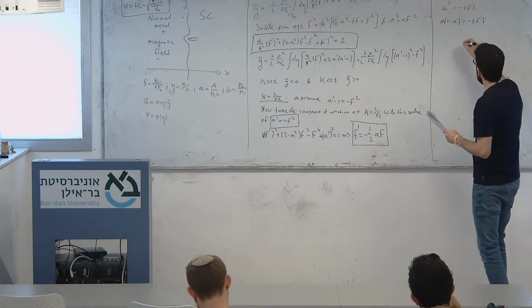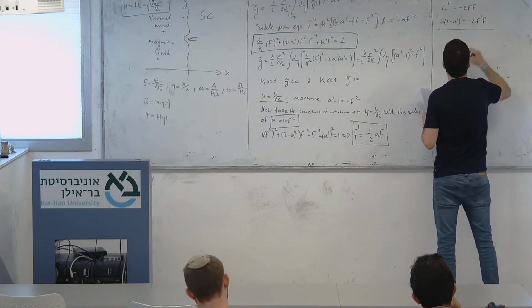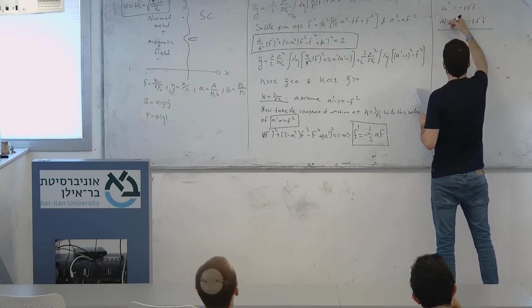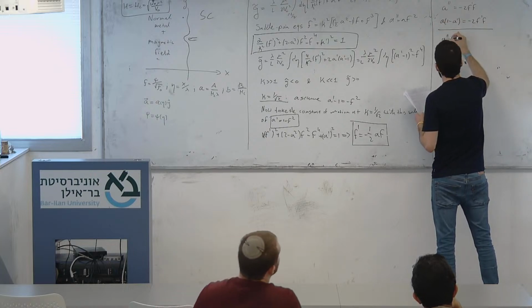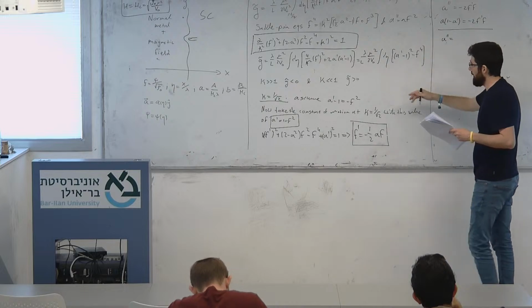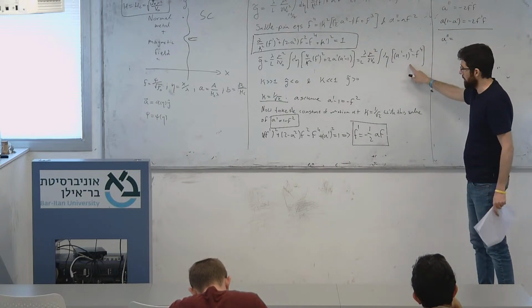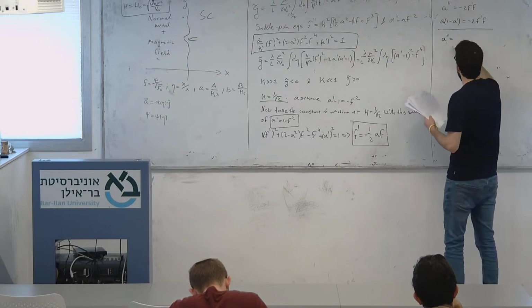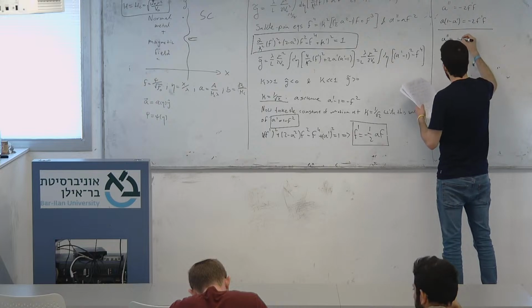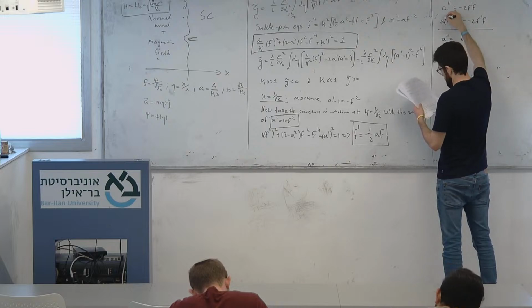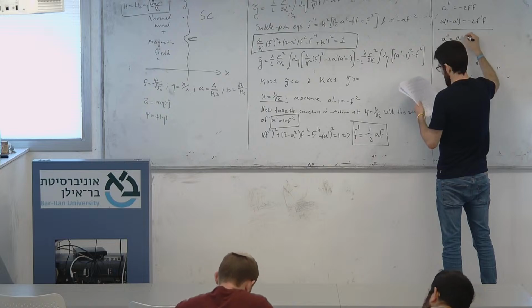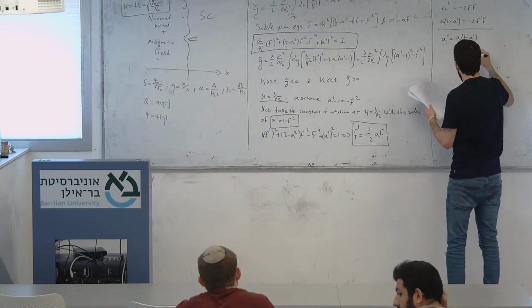So if I sum up, what I conclude from these two equations is that if g tilde is equal to 0, then a double prime equals a times 1 minus a prime.